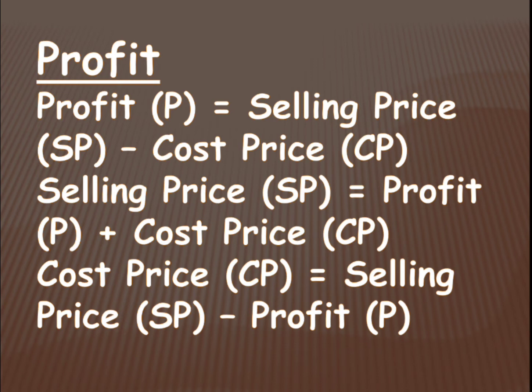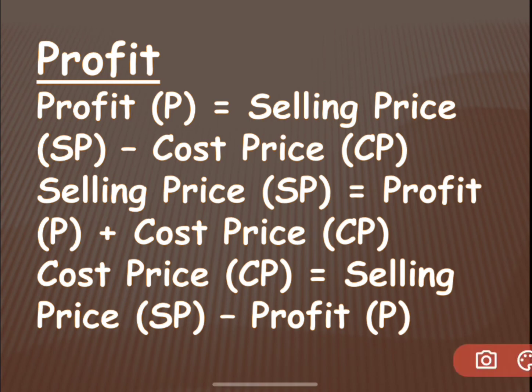Okay, this is when you get profit. And when will you get profit? When selling price is more than cost price, isn't it? The amount you spent on the thing should be less when compared to the amount you sold it for. That is, cost price is less than selling price.